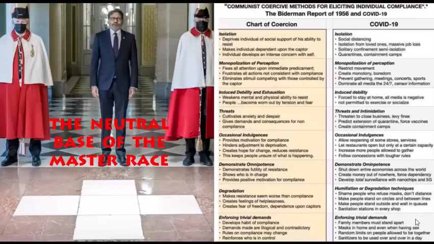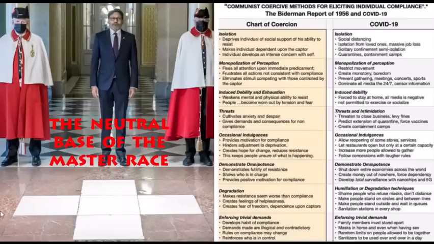And the whole Biderman things come out of what you can read here. It all comes out of the neutral base of the master race. So the Bidermans come out of here, Biedermann, yeah, and also the Pharaoh's bug war and Pharaoh's poison and everything. That's why it's octagonal. It's octogon, like this one here.